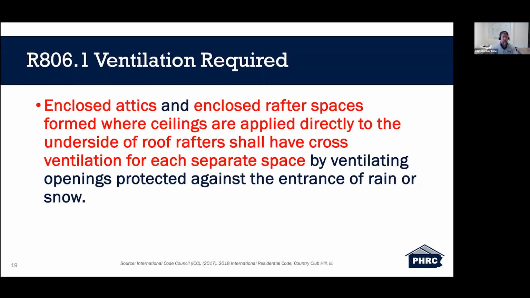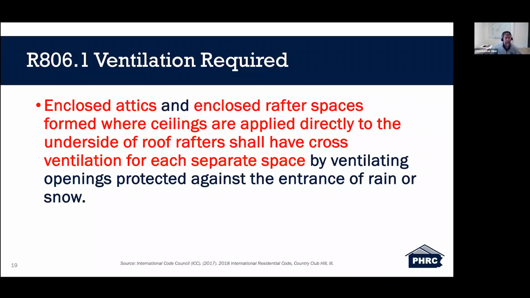So what this is talking about is not only enclosed attics that are comprised of ceiling joist and rafters, we also have enclosed rafter spaces formed where the ceilings are applied directly to the underside of the roof rafters. They also have to have cross ventilation, right?